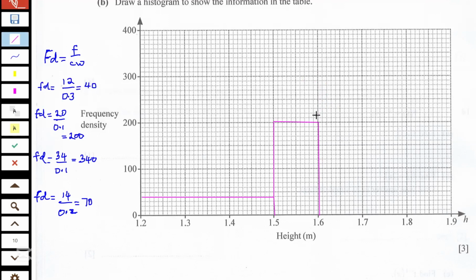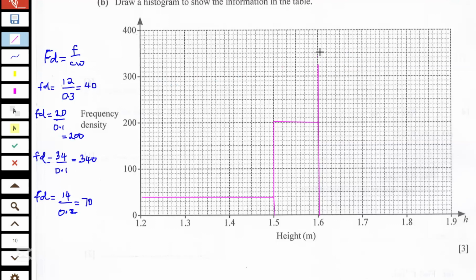Let's raise this again and try to locate 340.